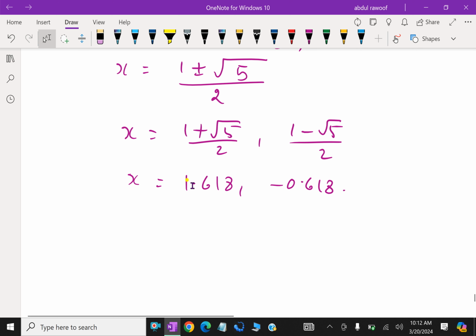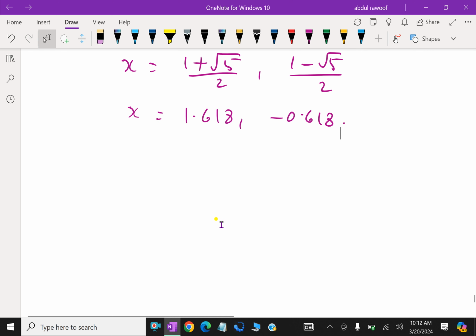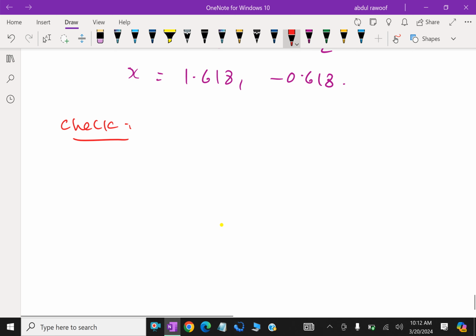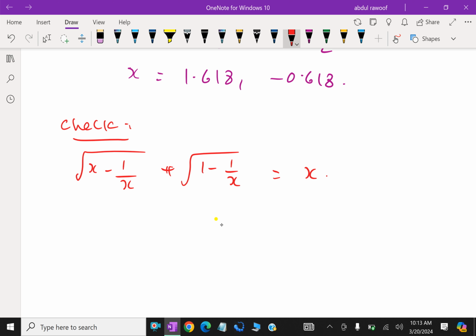We'll check both values for the original equation. Check both values in that given equation, which is the correct solution. You can find it. Now square root of x minus 1 over x plus square root of 1 minus 1 over x equal to x.